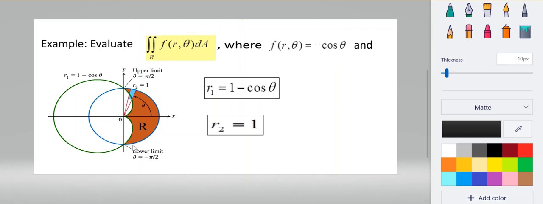You can see theta goes from minus pi over 2 to pi over 2, and r goes from the cardioid, 1 minus cosine theta, to the circle r equals 1. Okay, so let's solve it.